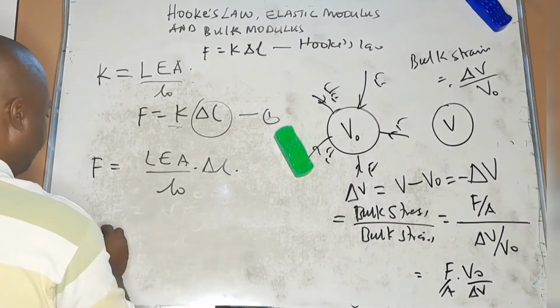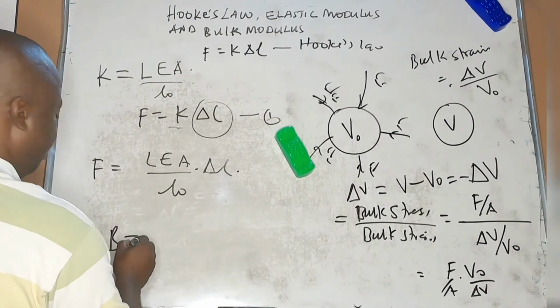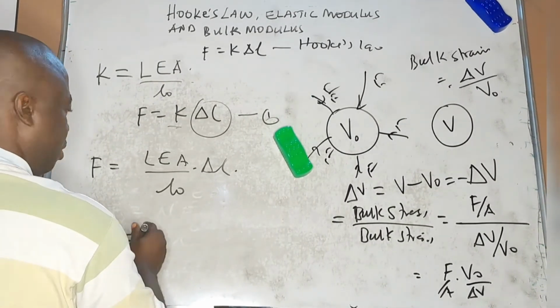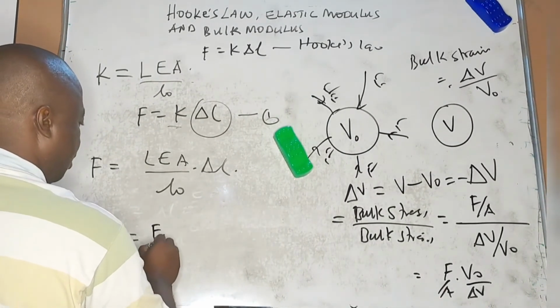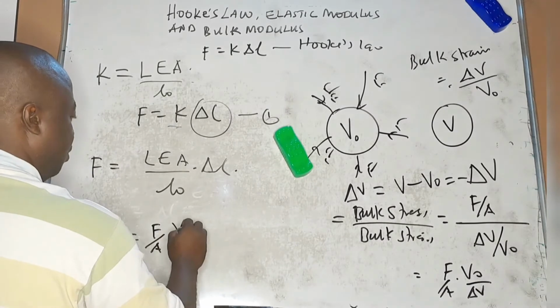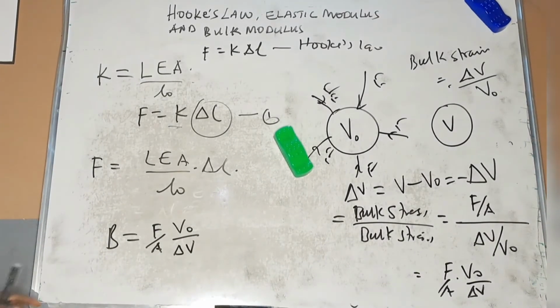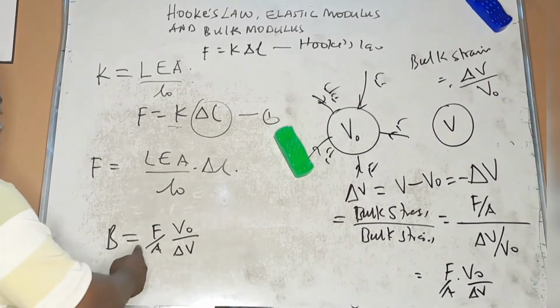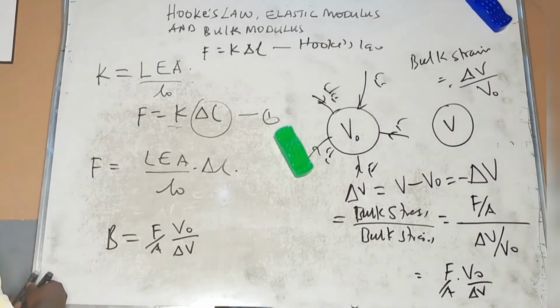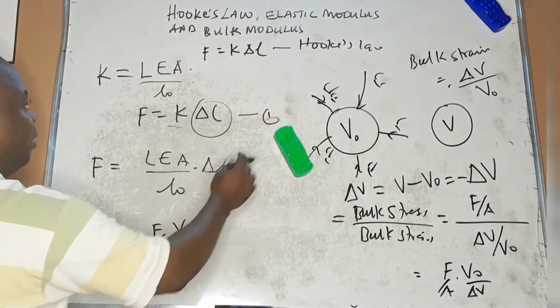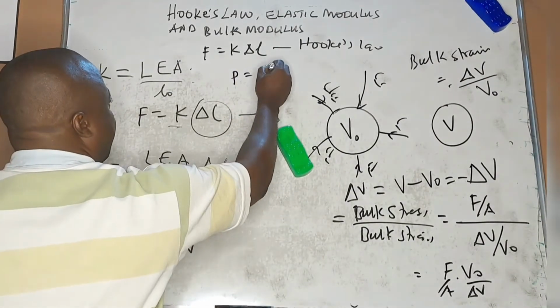Now, that means B equals F over A times V naught all over change in V. Now, we know that pressure equals force per unit area.